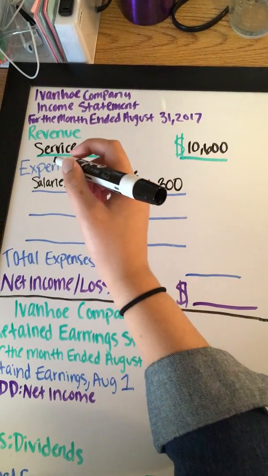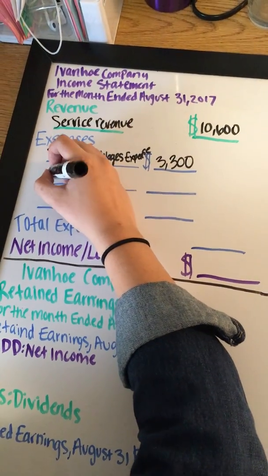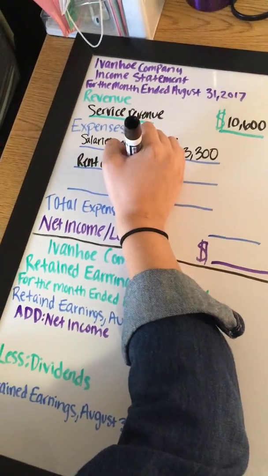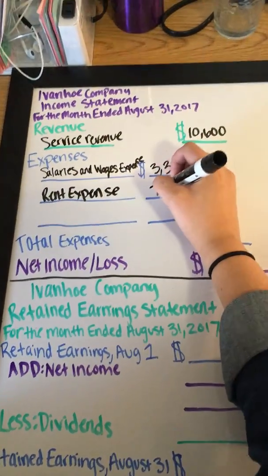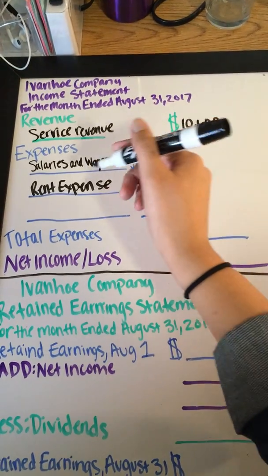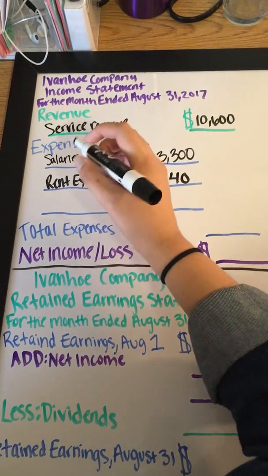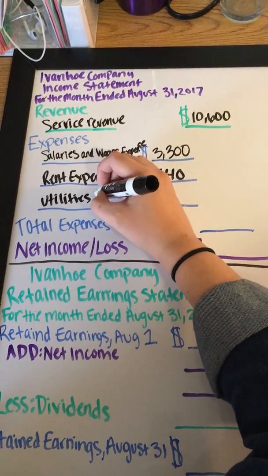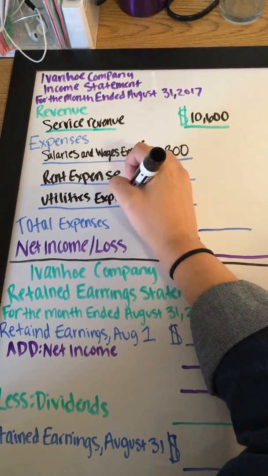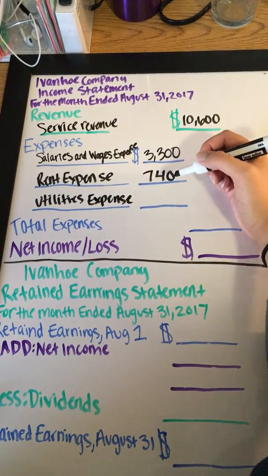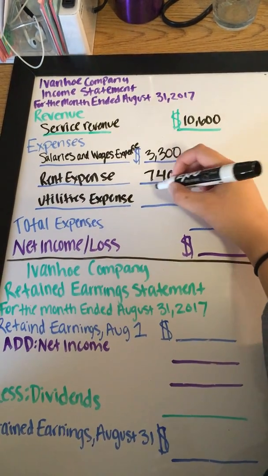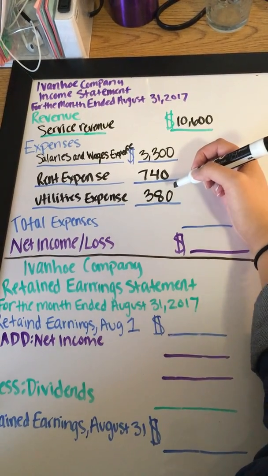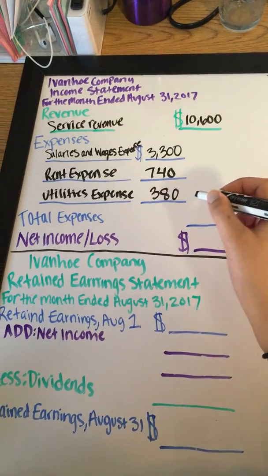Then next we have the rent expense, which is $740. And then we have the utilities expense, which was $380. We got all these under the expense column, under retained earnings, under stockholders' equity.